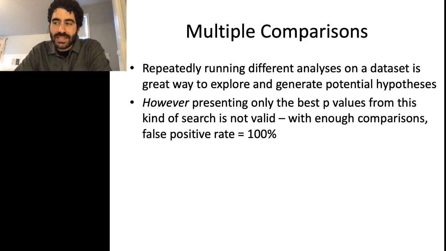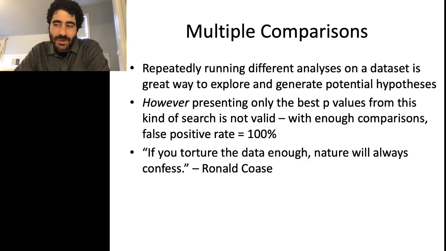The problem is that this is not a good way to do statistics, meaning that if we do a search over many possible hypotheses and only present the p-values from significant tests, it'll almost always be possible to get a false positive, meaning even if there's nothing in the data, we could find some hypothesis that gives us a good p-value. There's a bunch of quotes about this, things like if you torture the data enough, nature will always confess. There's always some way to pull a positive result out of any data set.